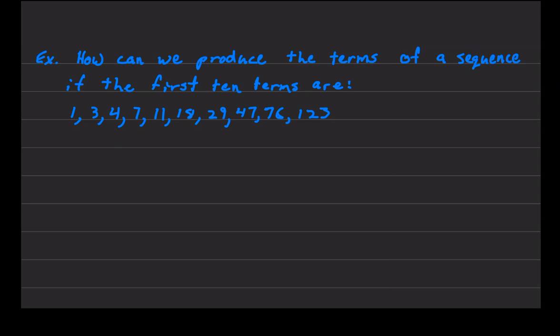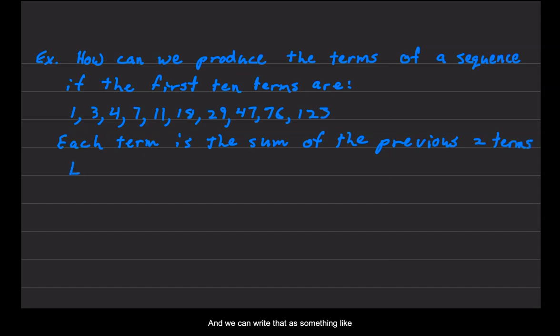So we'll say each term is the sum of the previous 2. And we can write that as something like L_n is equal to L_(n-1) plus L_(n-2).